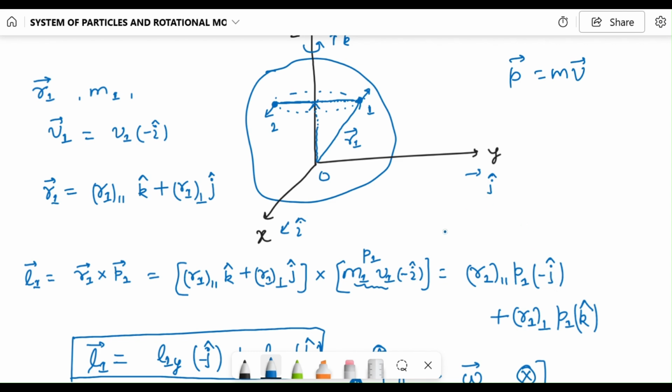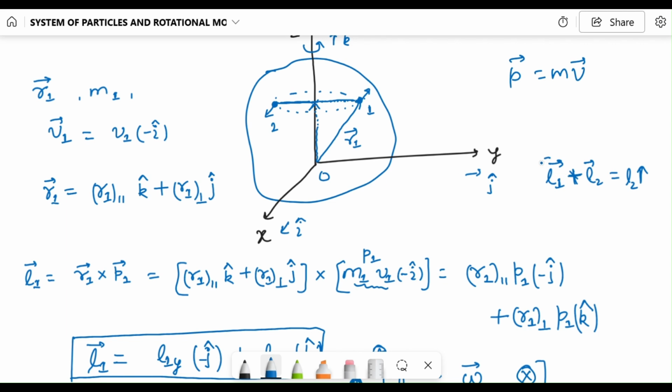In such a case, if you add these two angular momenta, L1 plus L2, the components cancel out each other. So the net will be only along z cap, the angular momentum towards the positive z direction, or along k cap.